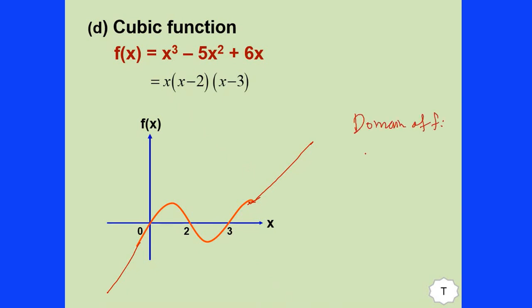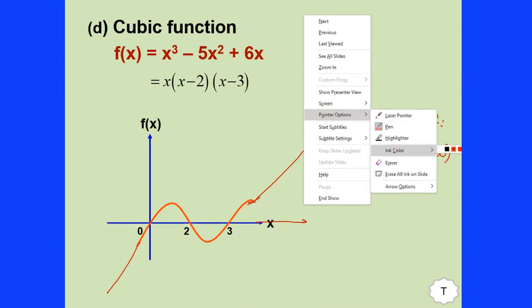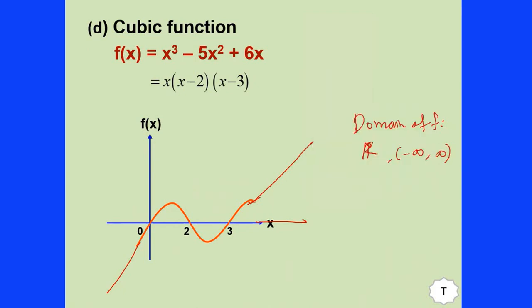Okay, so for determine the domain of f, tengok x value lah. Semua kita guna. You tengok. So okay, ada partner dia semua, real numbers atau from negative infinity to infinity. For range, tengok dengan mata kasar. Range of f, tengok y kan.